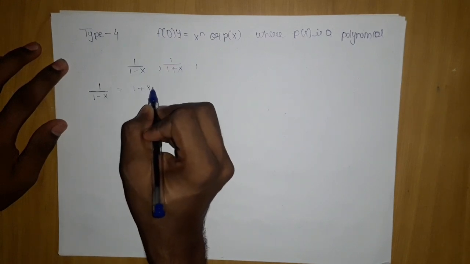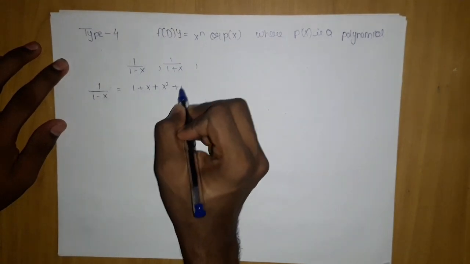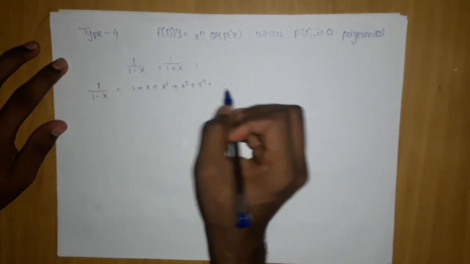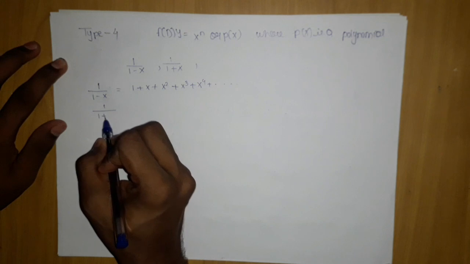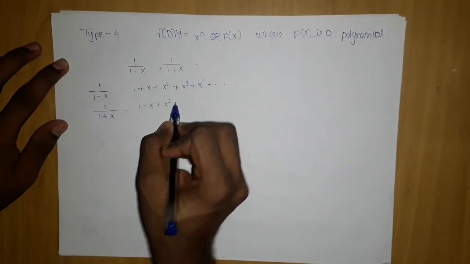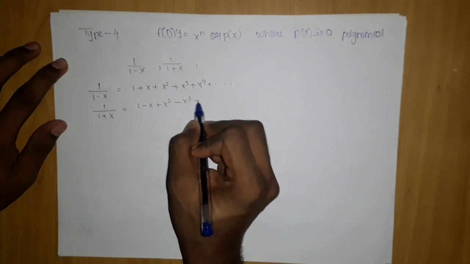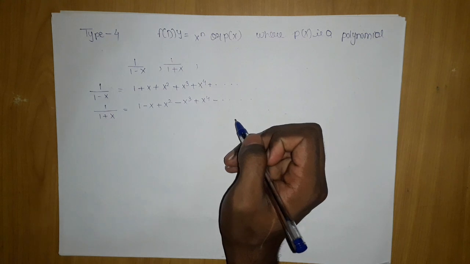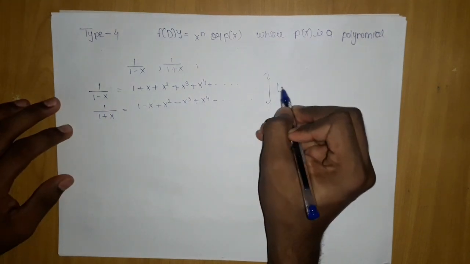It is 1 plus x plus x square plus x cube plus x raised to 4 and so on. While 1 by 1 plus x, its expansion is 1 minus x plus x square minus x cube plus x raised to 4 and so on. So this you need to learn.